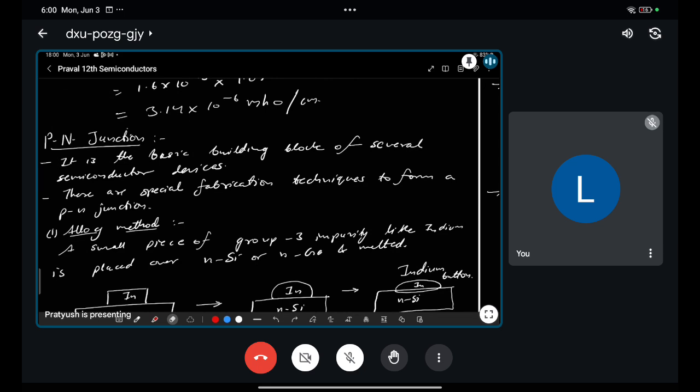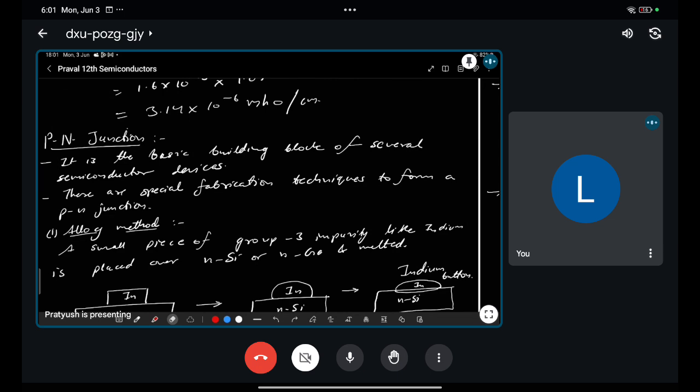It is not negatively or positively charged, it just has an empty place in which an electron can be fitted. So a PN junction is made up of two different types of semiconductors fused together.